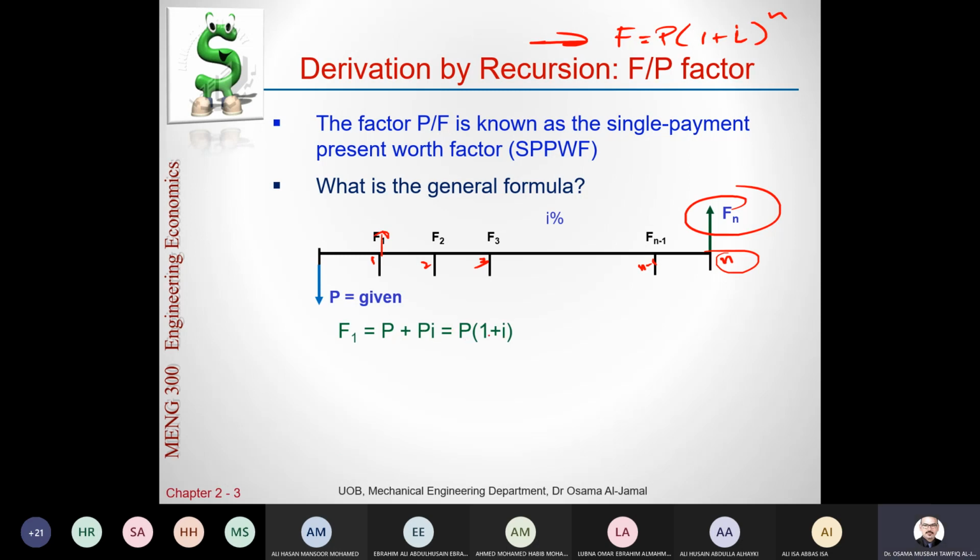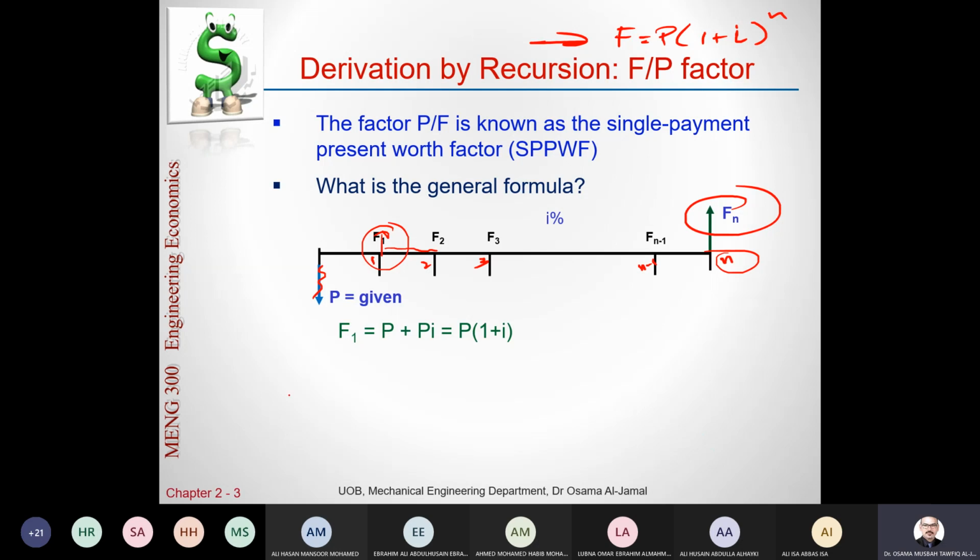So it's P multiplied by (1 plus I). This is for the first year. Now if you want to calculate for the second year, you don't have to go for this. Now you have this value just 1 year in front of you, over 1 period only.